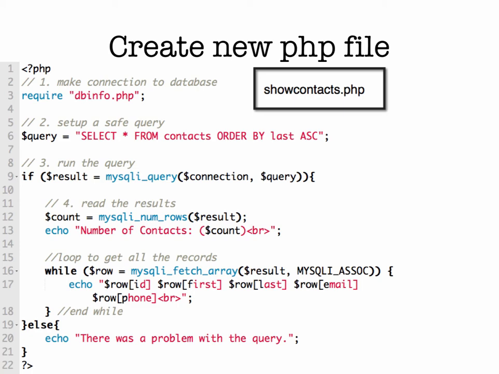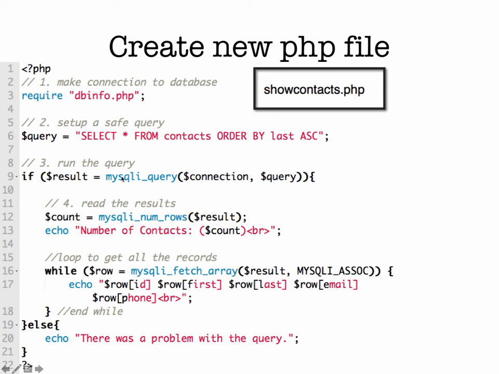I'm setting that equal to a string that contains our SQL statement, our SQL command: select everything from contacts, and put it in alphabetical order by last name. Then we use the MySQL query function to execute and run the query. It gets the connection information from our dbinfo script, and then we use the query for what we want it to execute.